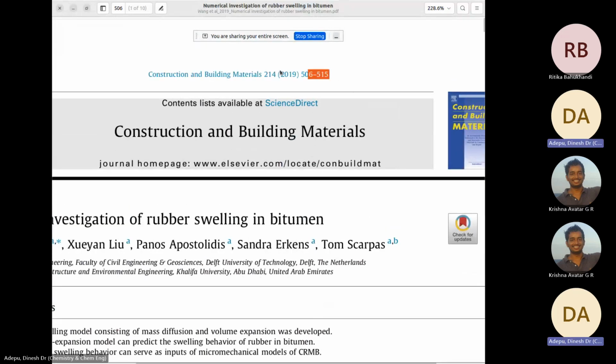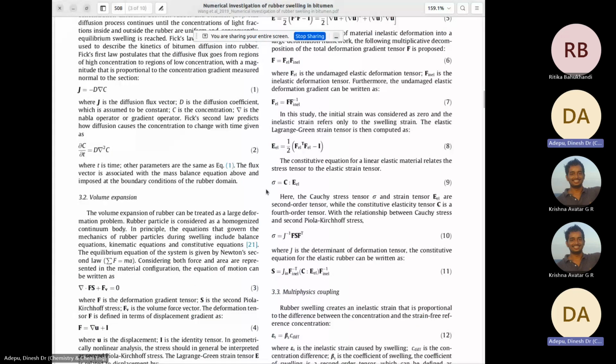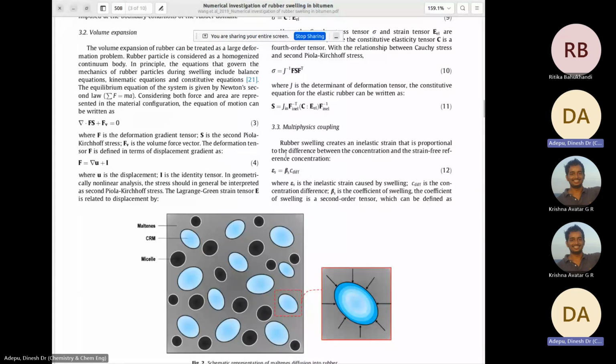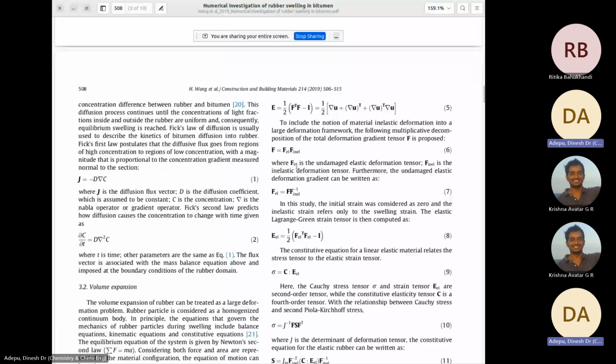This is very hot research which is actually happening. So you use the diffusion equation, compute the inelastic strain, plug it into F, and further compute the positions of the mesh. Because they are deforming, you get F, so you know how the mesh is deforming, right? That's true.